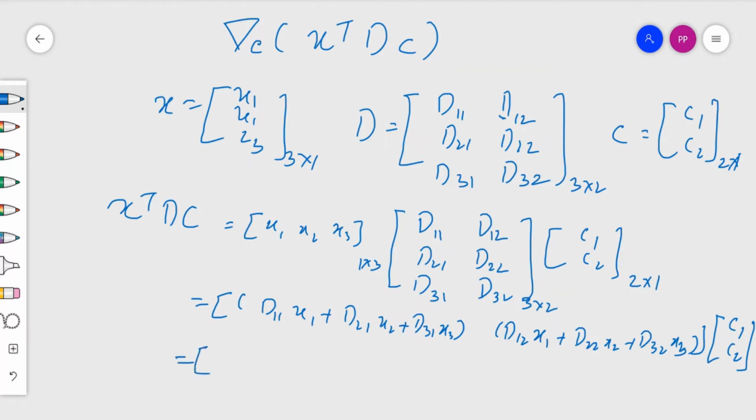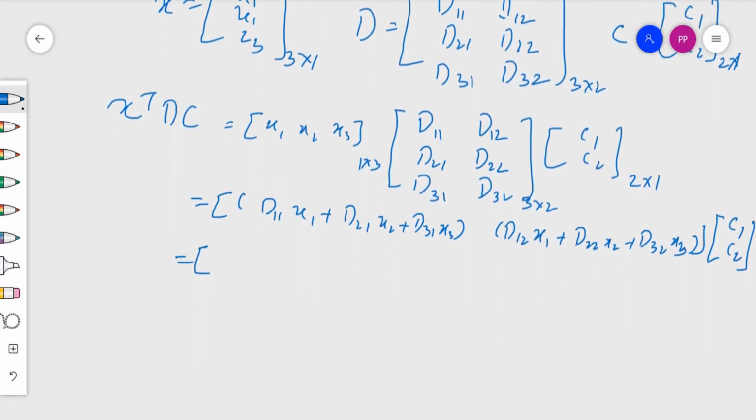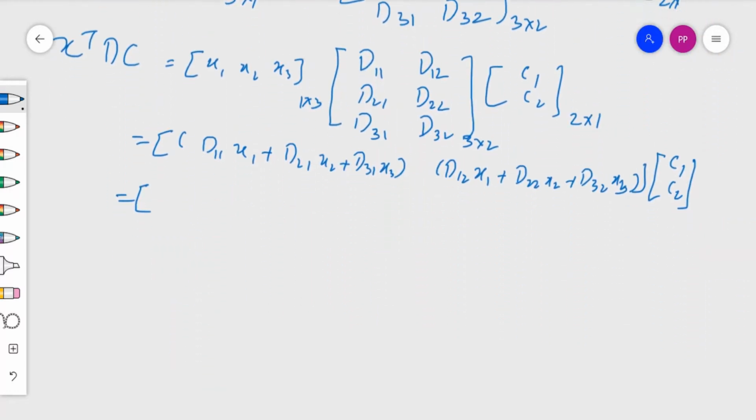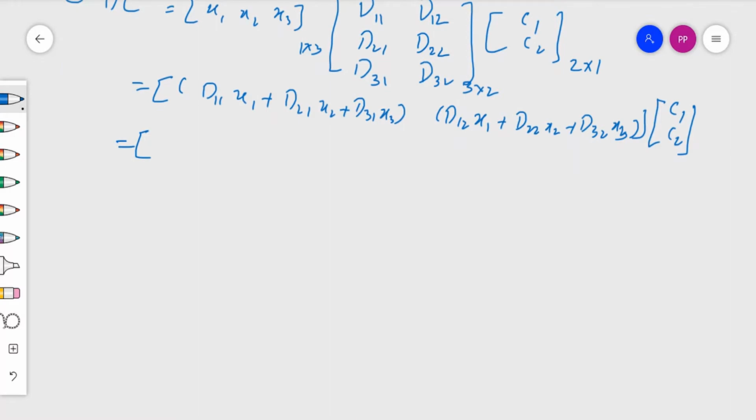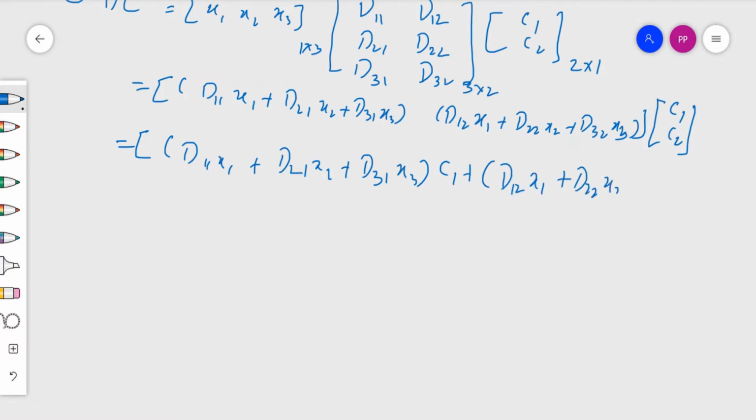So this will be equal to D11 x1 plus D21 x2 plus D31 x3 times C1 plus D12 x1 plus D22 x2 plus D32 x3 times C2.